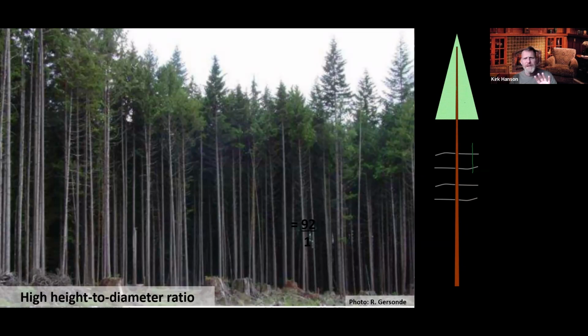And it's our first observable and measurable biological clue for determining whether a stand is too dense or not. So the HDR, the height to diameter ratio of a tree, indicates how susceptible a tree is to storm damage or simply weak growth that's prone to noodling over.